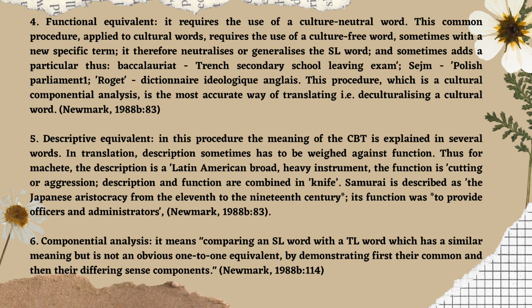Functional equivalence requires the use of a culture-neutral word. This common procedure applies to cultural words and requires the use of a culturally neutral word, sometimes with a new specific term, therefore neutralizing or generalizing the word, and sometimes adding a particular term, as in baccalauréat, the French secondary school leaving exam, such as ZEG or police parliament.